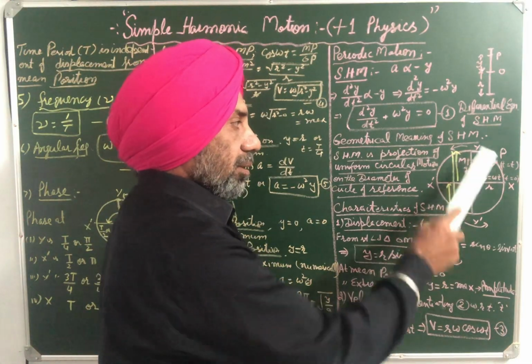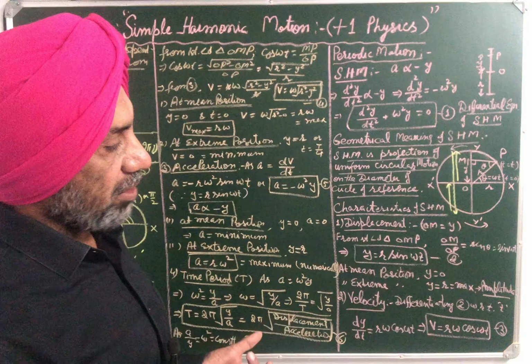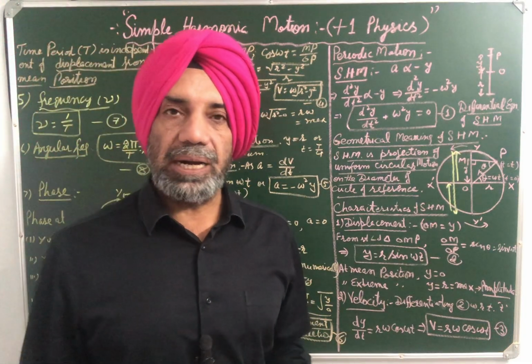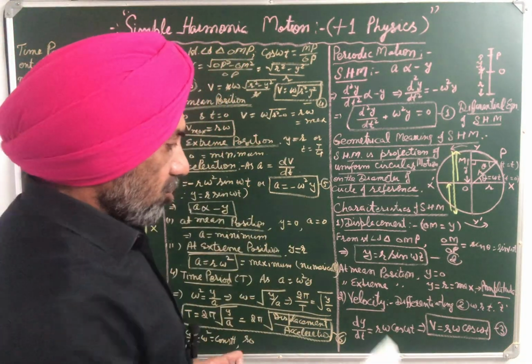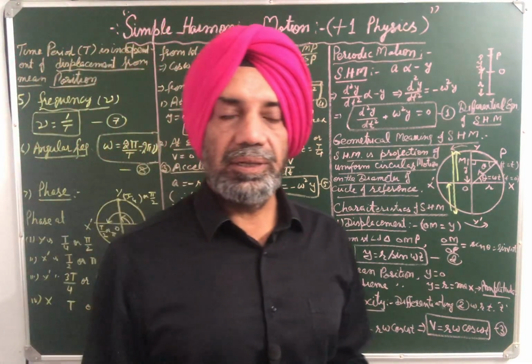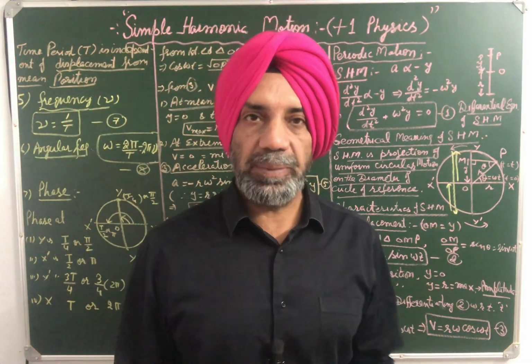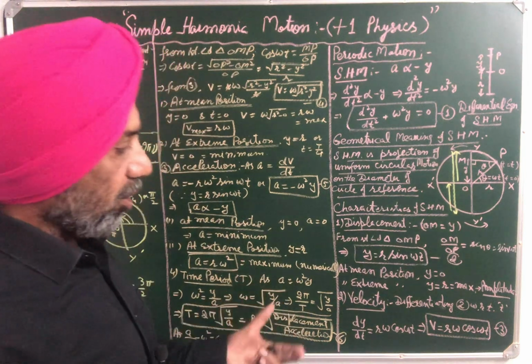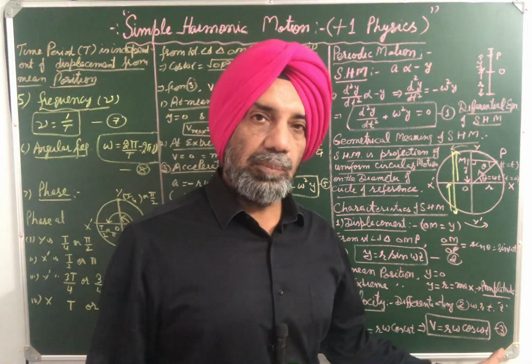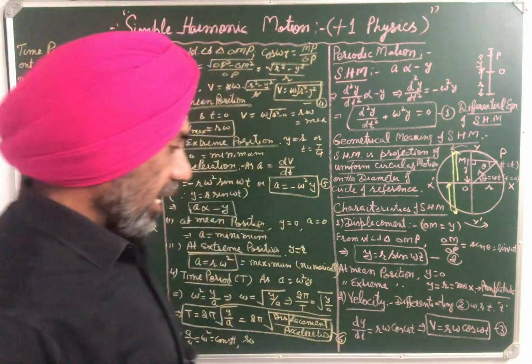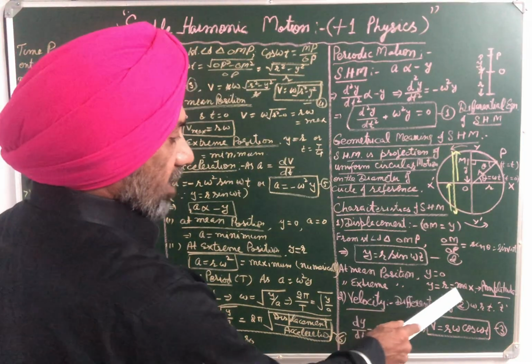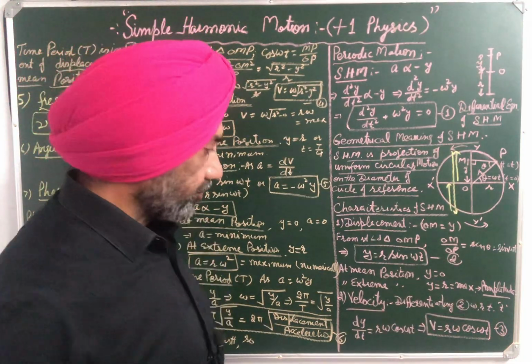Distance between mean position and either extreme position is also called amplitude of the particle executing simple harmonic motion. So the maximum value of displacement of the particle executing S.H.M. is known as amplitude. So y is equal to r is equal to maximum is called amplitude.